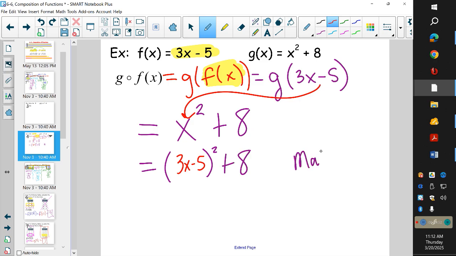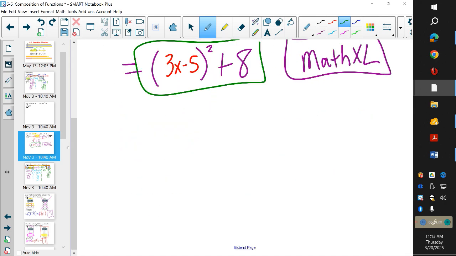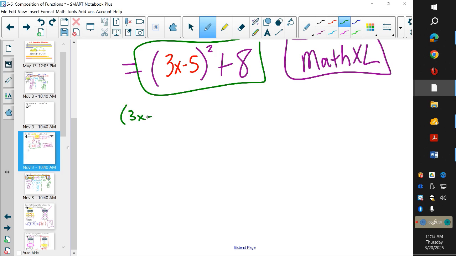Math Excel is perfectly fine with this answer. Mrs. Yoder is not okay with this answer. Mrs. Yoder wants you to do what to that squared? I want you to write that down twice and FOIL it.